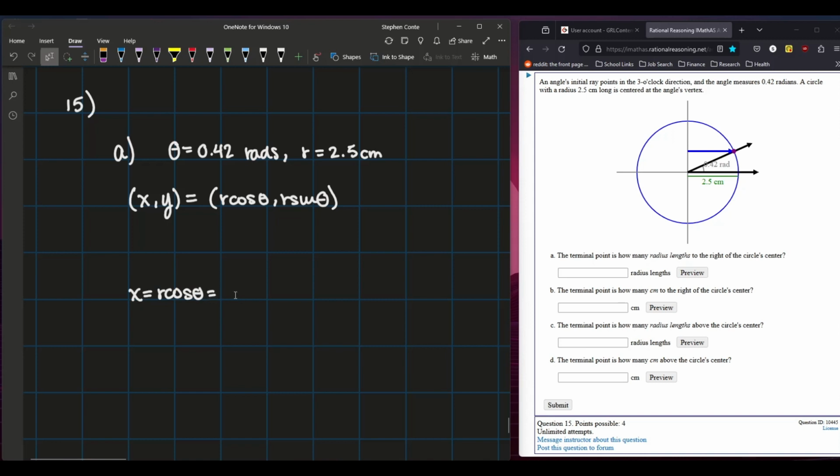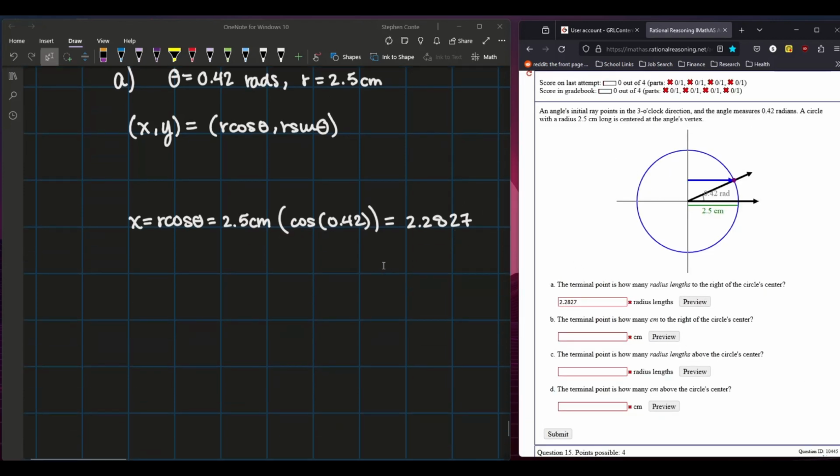I know r is 2.5 centimeters times cosine of 0.42. The answer that I get here is 2.2827, we'll say.